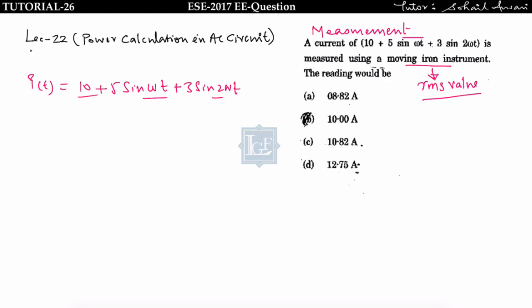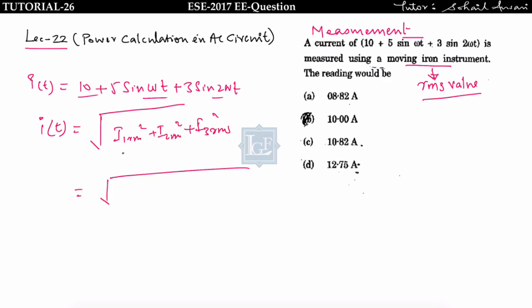If you have gone through lecture number 22, in which I found the RMS value of current containing harmonics, that is given by I is equal to under root of I1 RMS square plus I2 RMS square plus I3 RMS square. Here 10 is the DC, so average value is equal to RMS value.